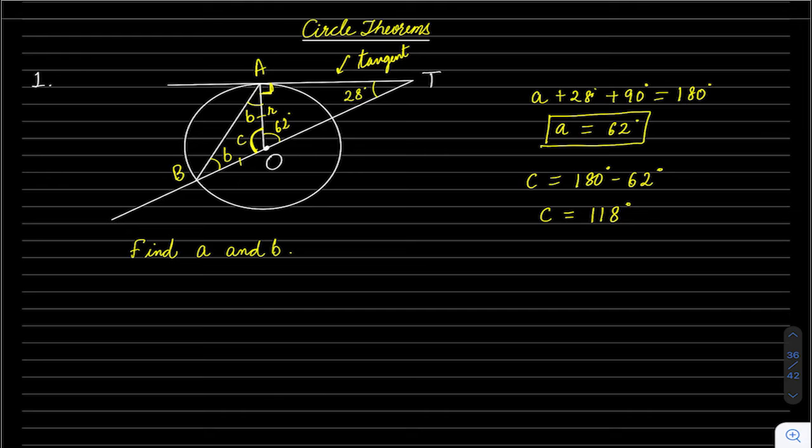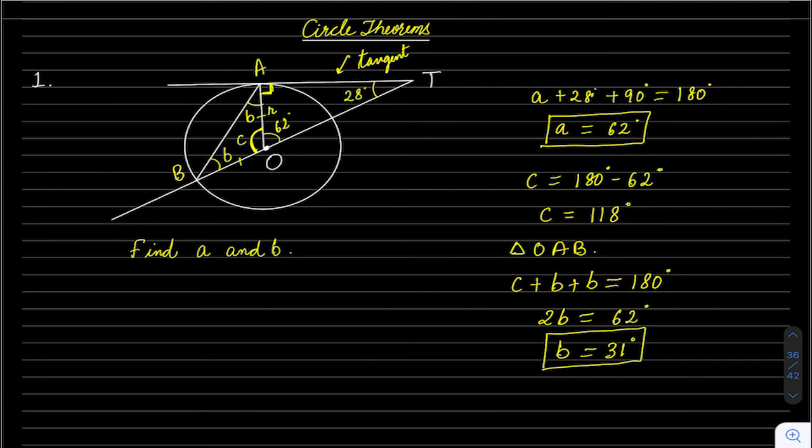Now once we have the value of C, we can find the value of B because in triangle OAB, we can say sum of all the angles should be 180. So C plus 2B should be 180 degrees. So from this we are getting 2B as 62 degrees. So my B value is coming out to be 31 degrees. So that is my answer. I hope everyone is clear about this.